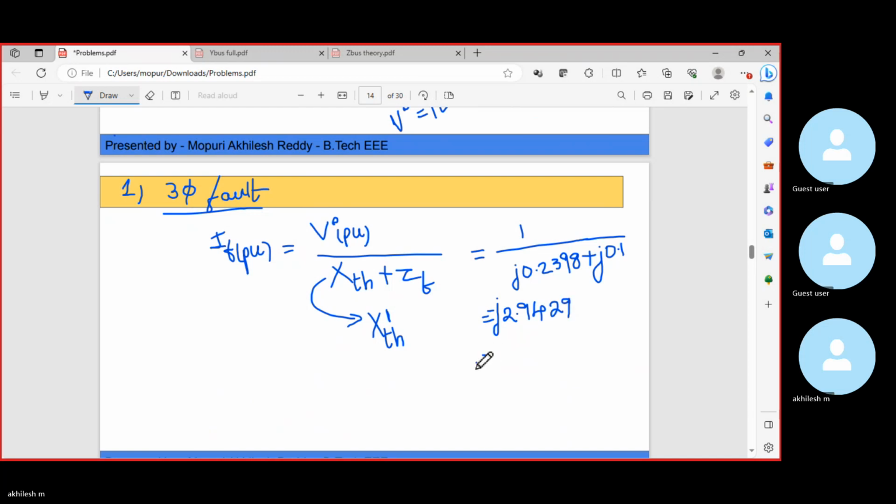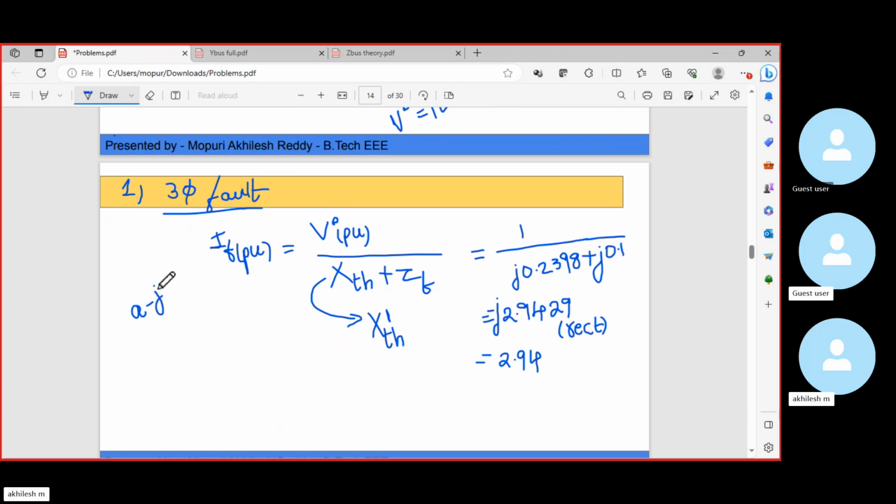This is in rectangular form. In polar form it has the same magnitude, 2.9429, and the angle is minus 90 degrees, because it is of the type 0 minus jB.